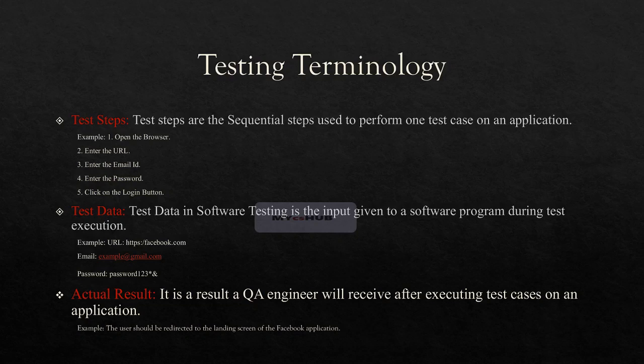So when you perform the above test case with the test steps prepared, let's say you will find that after providing the valid credentials, the user is redirected to the landing screen of the Facebook page. So this will be the actual result for that particular test case.